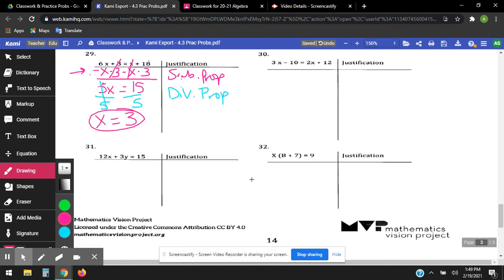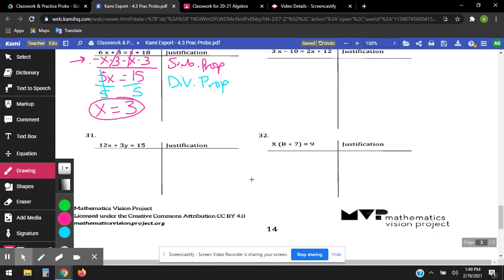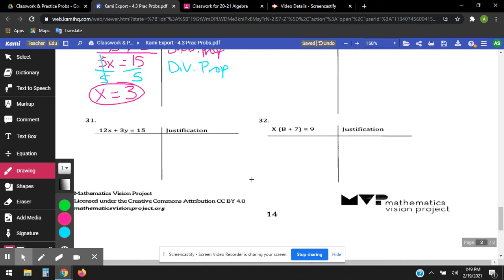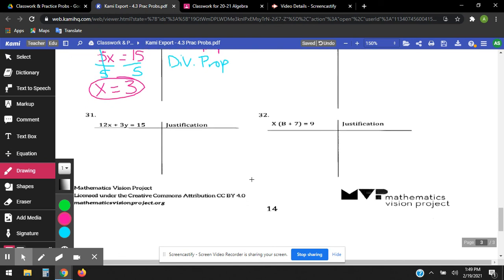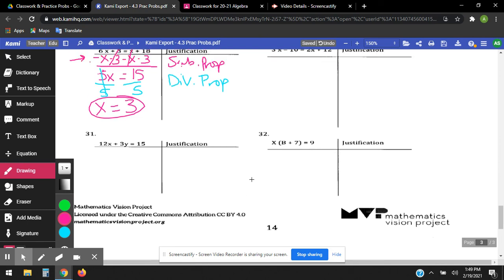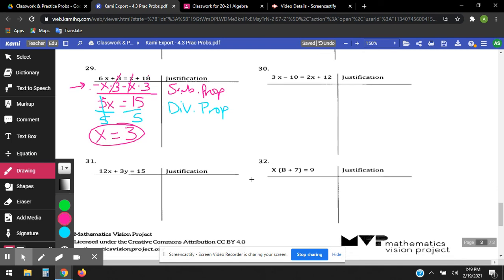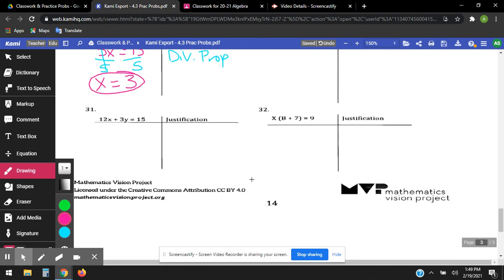Let's do 32 since we have a couple of letters involved here. So first, I'm solving for x. So let's get rid of everything in our parentheses. How do I get rid of the parentheses of b plus 7? Well, there's a multiplication between there, so I'm going to divide both sides by b plus 7.